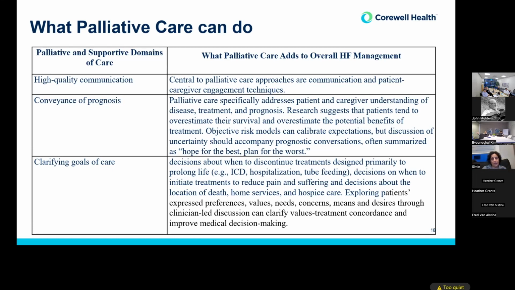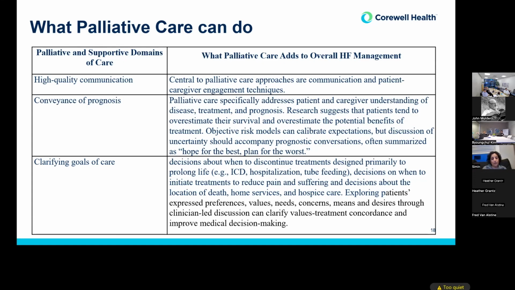But then also helping patients understand the prognosis. Because of the up and down trajectory of heart failure, it can be challenging for patients to really understand where they are on their heart failure journey. And oftentimes, physicians overestimate prognosis as well. So, to help patients understand what their prognosis is, we can really be helpful with that. That combination of educating our patients and making sure that they really understand where they are, but supporting them and not taking away the hope.